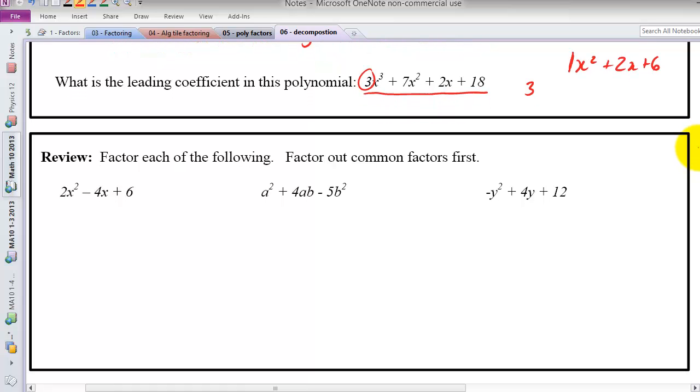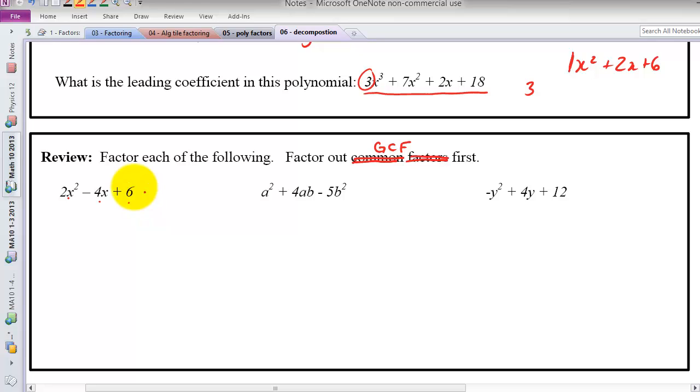But first, let's review some things that you guys should know by now. When we're factoring polynomials, the first thing we should do is factor out the GCF. In this example, there's 2x squared minus 4x plus 6.